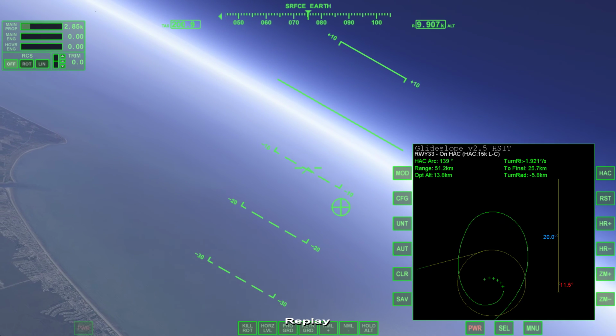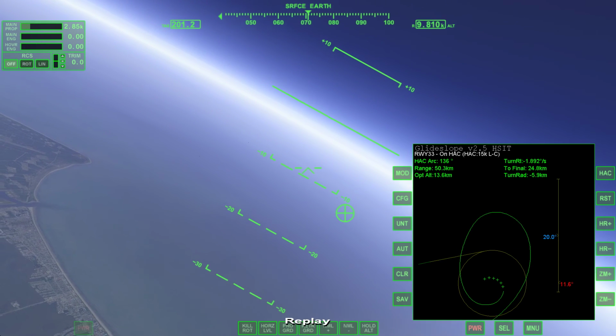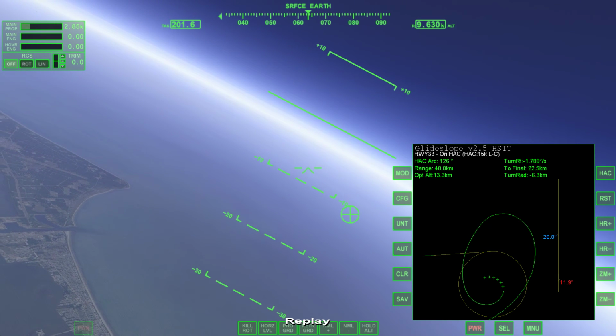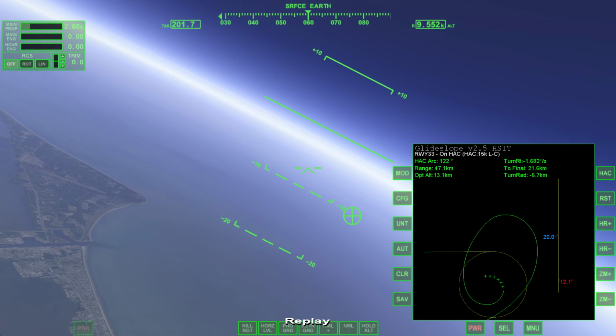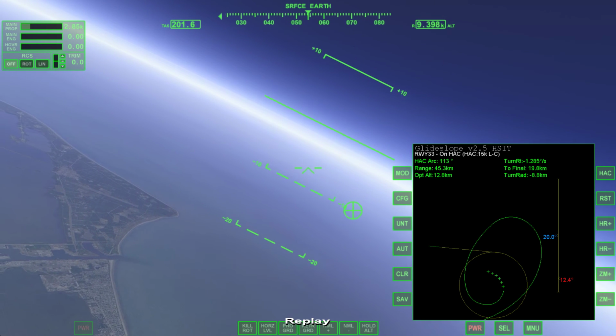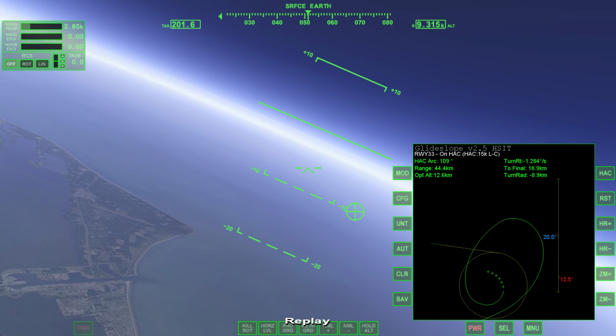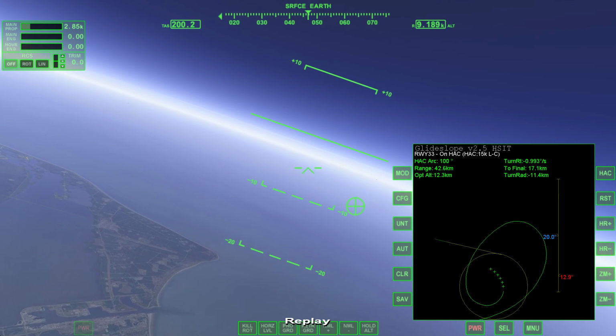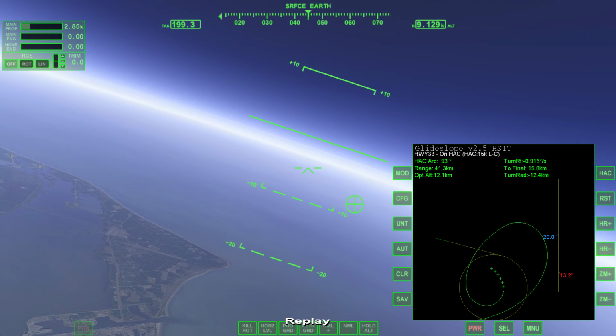You'll notice that our velocity vector actually takes us one way while the wind is trying to push us another. I don't think the weather aspect of Orbiter is as realistic as Flight Simulator, but the fact that it even has the wind thing now, that's pretty cool.